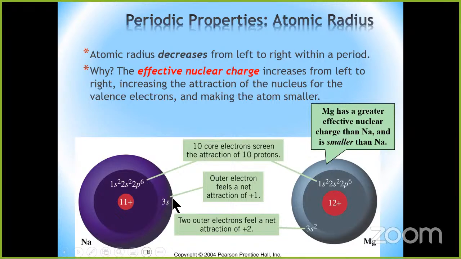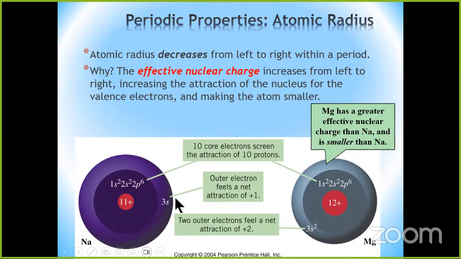Because if you focus on the valence electron, in this case they're looking at sodium here and magnesium here. In the case of sodium, you're going to have 10 electrons on the inside, and then you're going to have 1 valence electron here on the outside, right? So 1 valence electron, 10 inner core electrons, right? And what happens is that these electrons inside here will have a repulsive effect on the outermost electron.